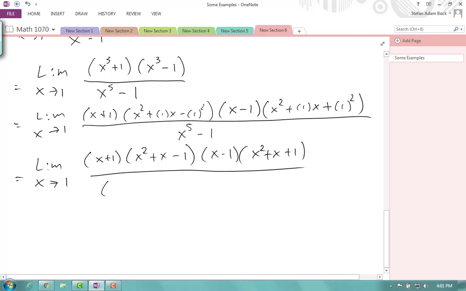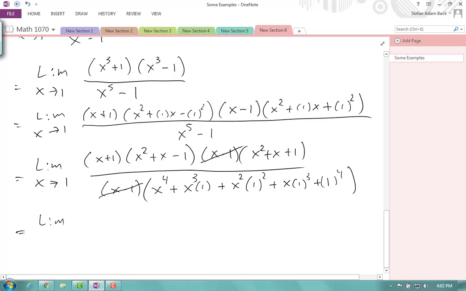Down here I'll have x minus 1 multiplied by x to the 4th plus x cubed times 1 plus x squared times 1 squared plus x times 1 cubed plus 1 to the 4th. Which is nice and all, but what I care most about is that now I have these x minus 1s and I can cancel them.